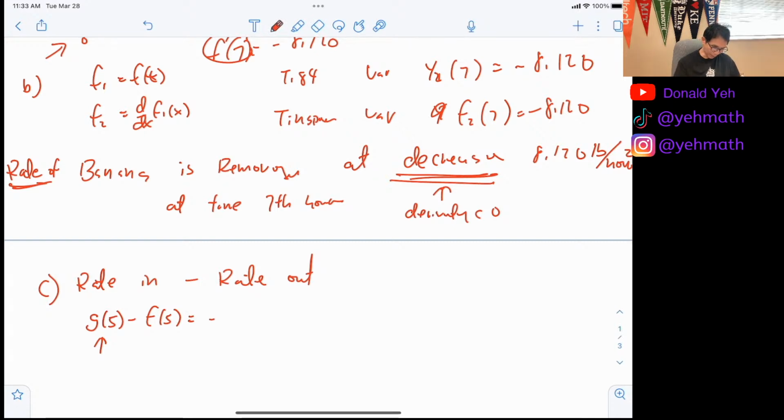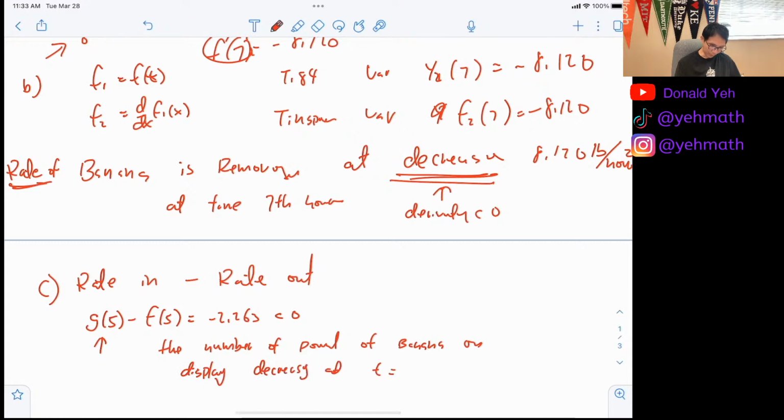If you did it right, you should get negative 2.263, which is less than 0, which is the number of banana on this table is decreasing at t equal to 5.